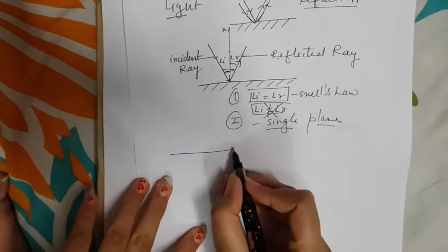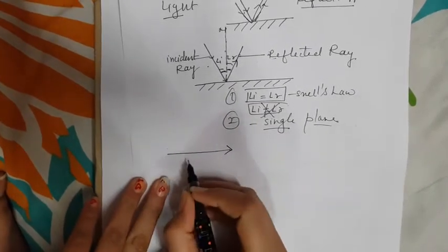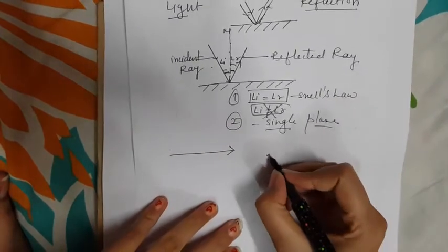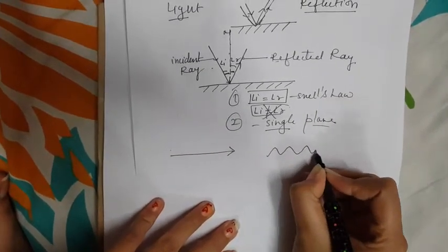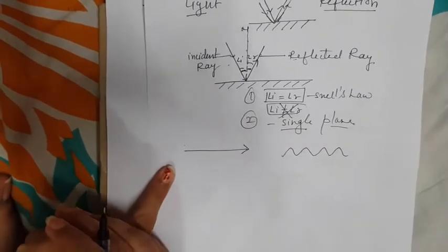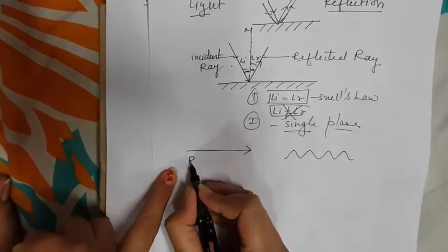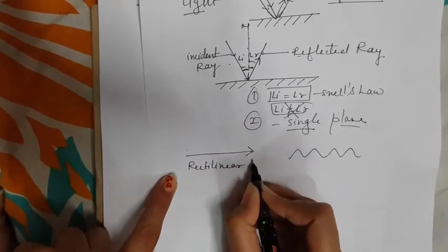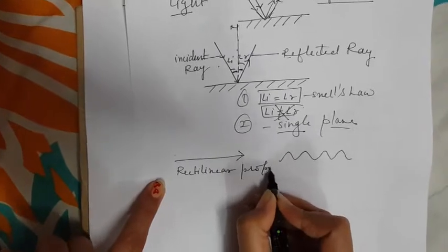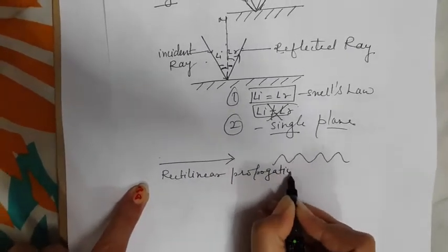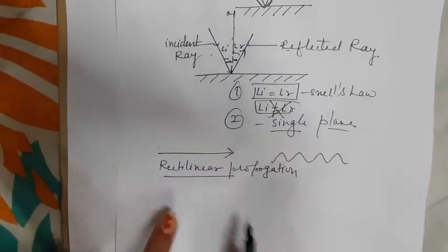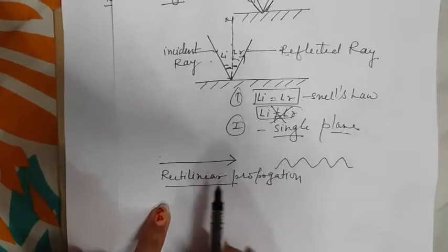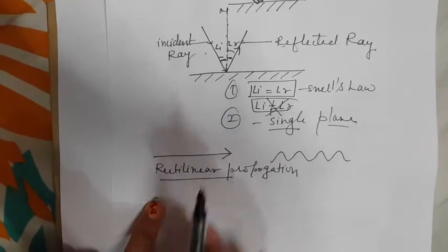The light always travels in a straight line, and light can never move this way. It will always travel in a straight line. This phenomenon of light, when it travels in a straight line, is known as rectilinear propagation. Rectilinear propagation says that the light always travels in a straight line.